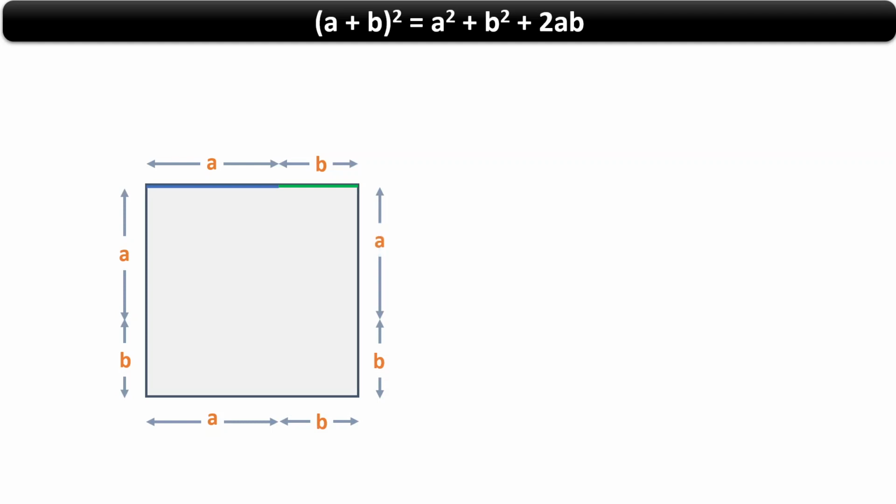So what is the area of a square? You know very well. The side is a plus b, so this will be (a plus b) whole square, right? Now let us expand this a plus b into pieces.